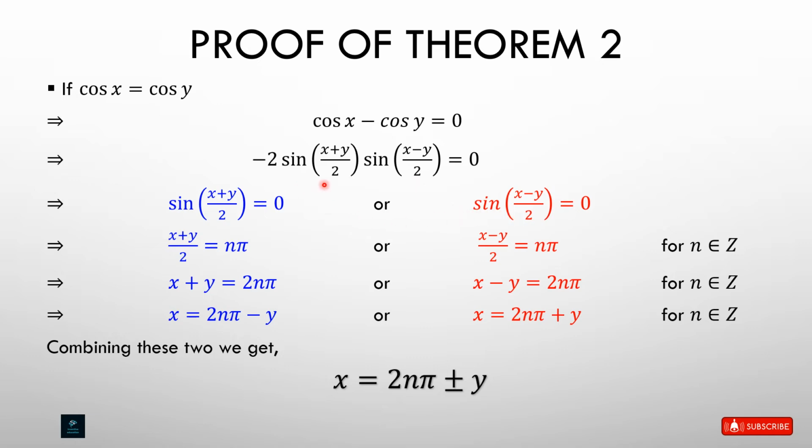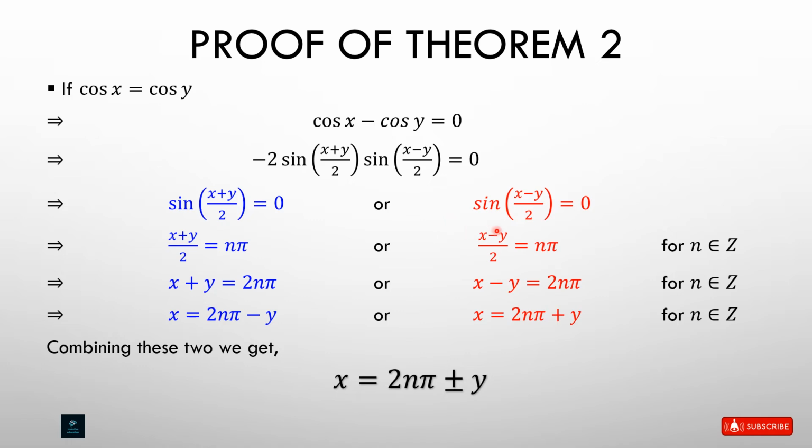From sine of (x plus y) by 2 equal to 0, we proceed as follows. Sine of (x plus y) by 2 equal to 0 means that (x plus y) by 2 has to be an integer multiple of pi. This means that x plus y is equal to 2n pi, and this means that x is equal to 2n pi minus y. From sine of (x minus y) by 2 equal to 0, we proceed as follows.